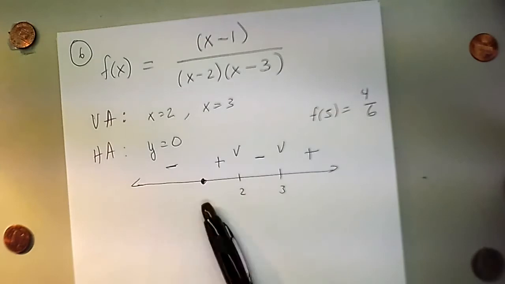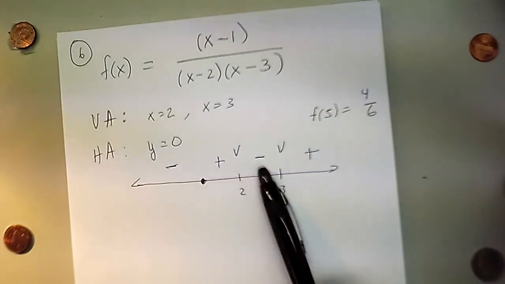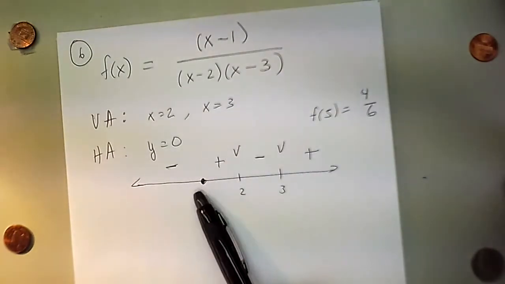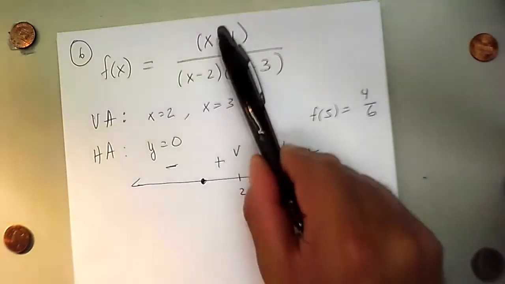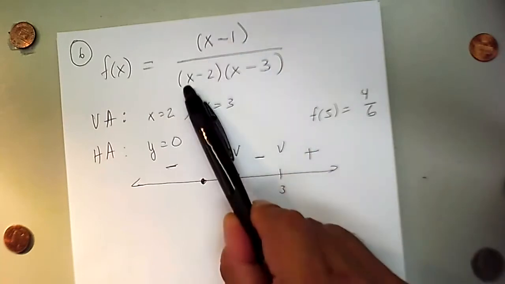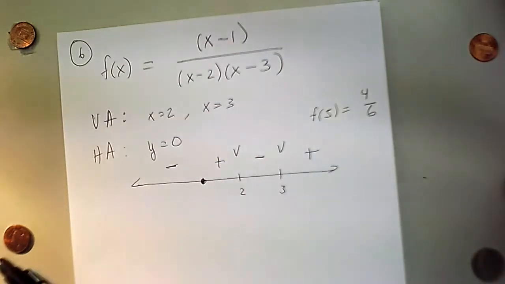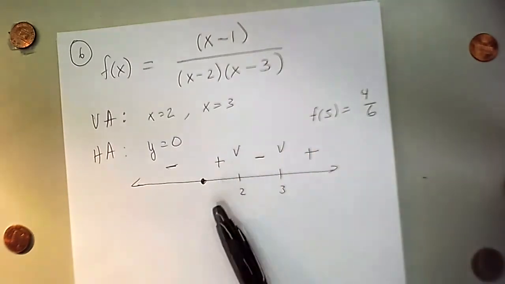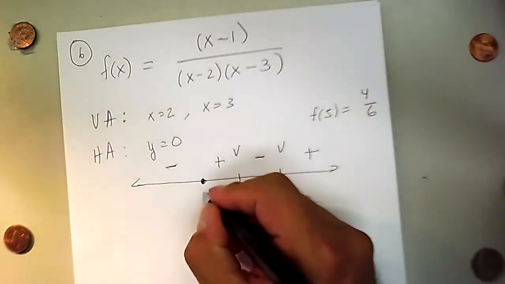The sign between 1 and 2 is positive. If you plug in a number between 1 and 2, say 0.5 into this function, 0.5 minus 1, 0.5 minus 2, 0.5 minus 3, we're going to end up with a positive number. Is that so? Oh, I meant 1.5, not 0.5.